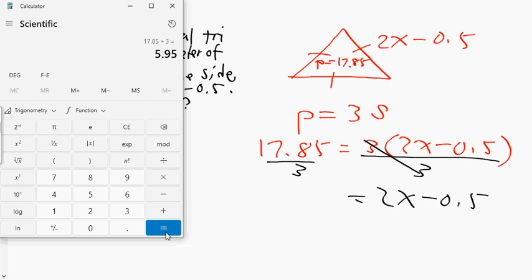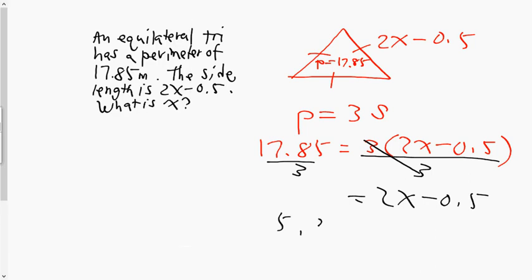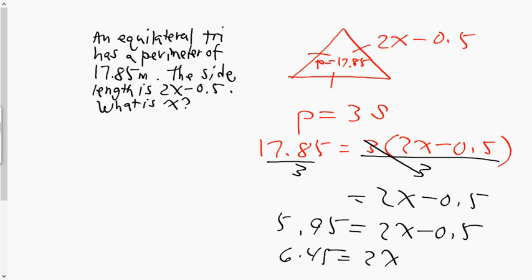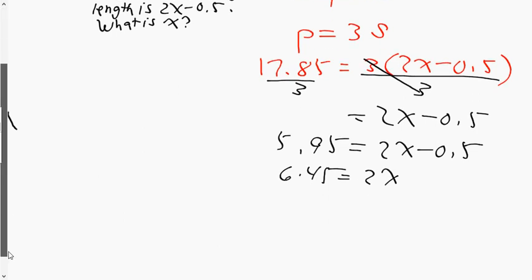So therefore, 5.95 is equal to 2x minus 0.5. Add 0.5 to both sides. You get 6.45 is equal to 2x when you add 0.5 to both sides. And divide both sides by 2. And x will equal 3.275.